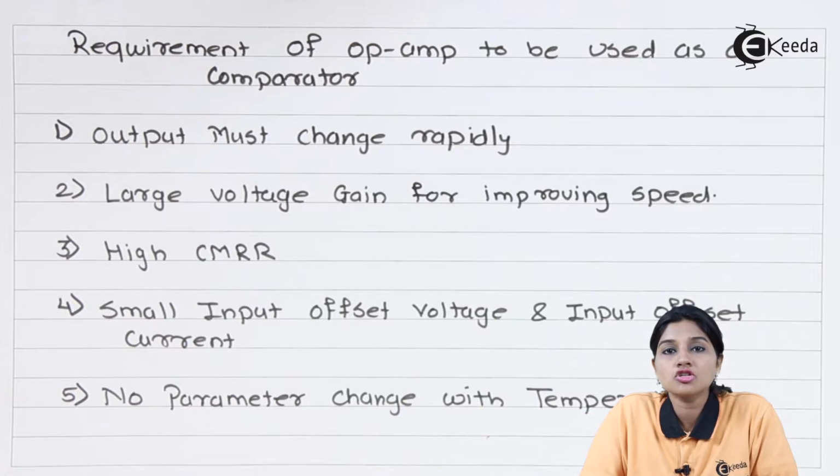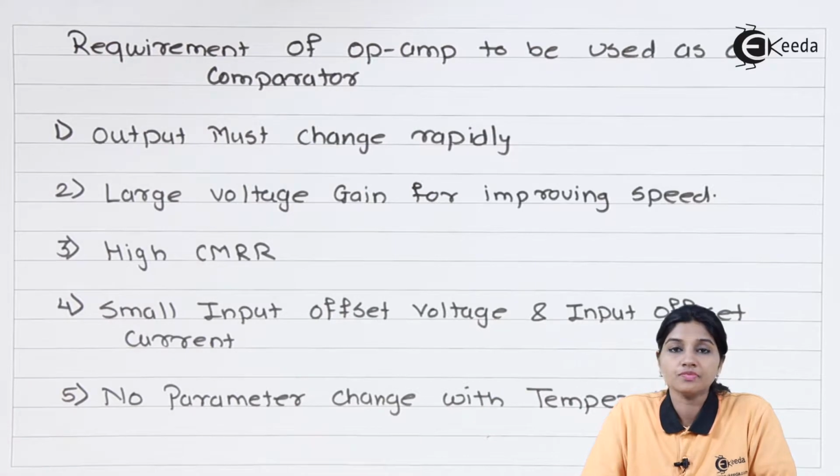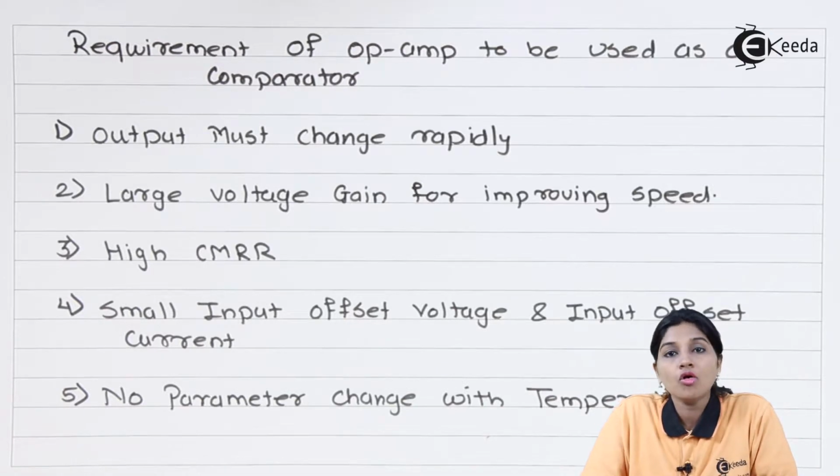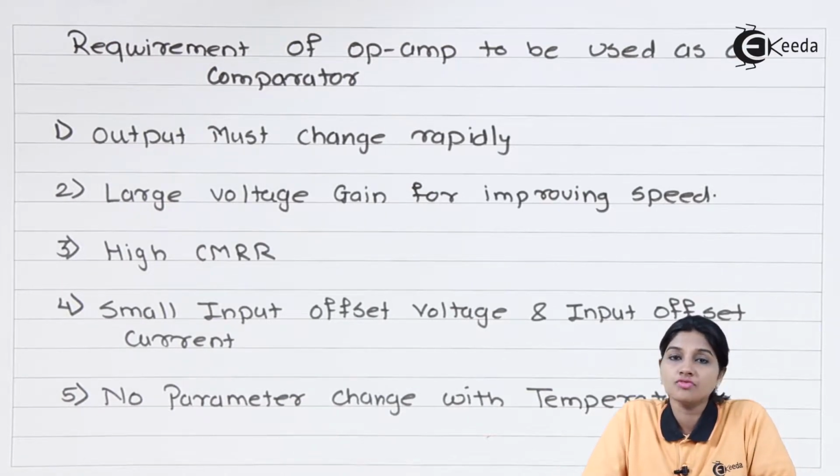The open loop configuration of op-amp has comparator applications, like it can be used as a zero crossing detector, as a Schmitt trigger, as a window detector, and many more. But to use op-amp as a comparator, the op-amp requires to satisfy certain conditions, because we know that in case of op-amp, when the input changes slightly positive or slightly negative, the output reaches either positive or negative saturation, because the gain of op-amp in open loop configuration is very high.